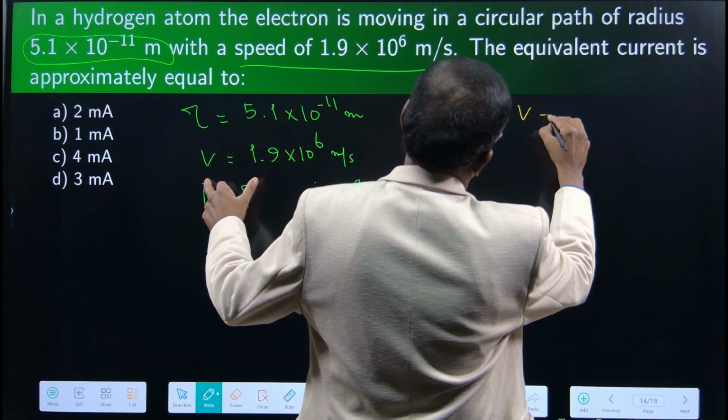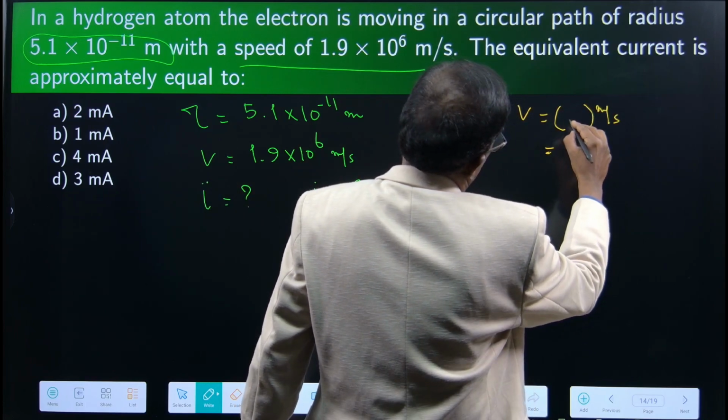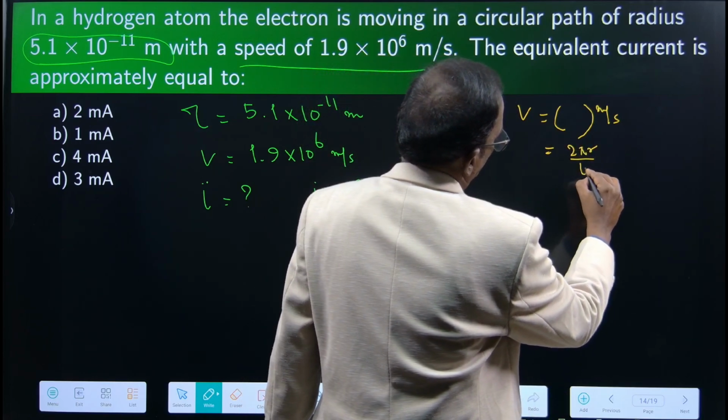V is given, V meter per second. For meter, circumference. For second, time.